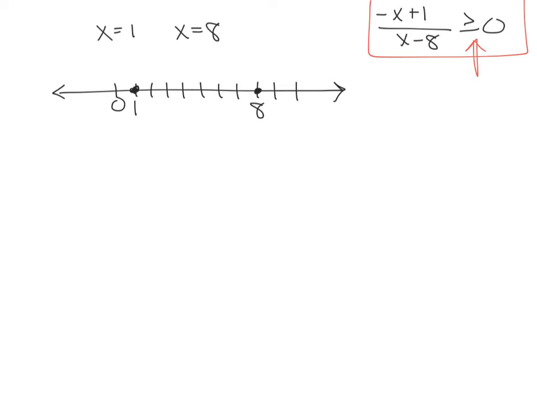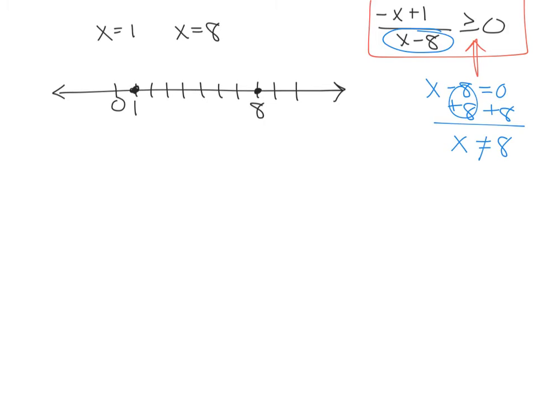Now I also see that I have a rational expression. And I know that there's restrictions with rational expressions. So I'm going to take my denominator and set it equal to 0 and solve for x. This tells me that x cannot equal 8, because if it does, then my denominator will be 0 and my function becomes undefined.